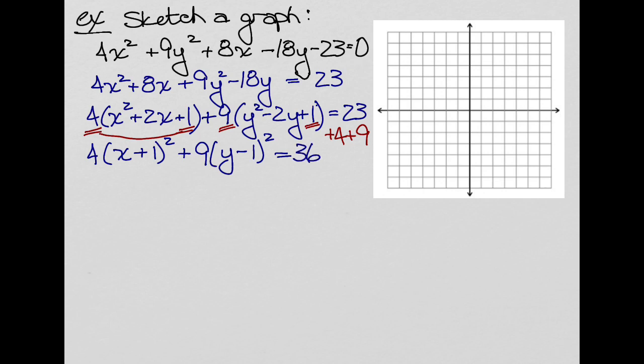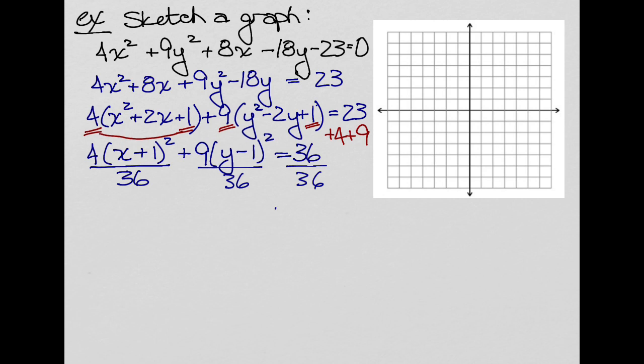This is better. I can at least tell where the center is going to be, but it's not quite standard form yet. Standard form for an ellipse has a 1 on the right-hand side of the equation. Right now I have a 36. So we have to fix that. And the way we're going to fix it is dividing everything by 36, because if I divide on the right by 36, I better divide everything else by the same so that equality still holds.